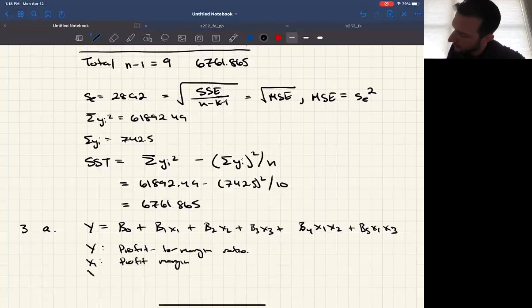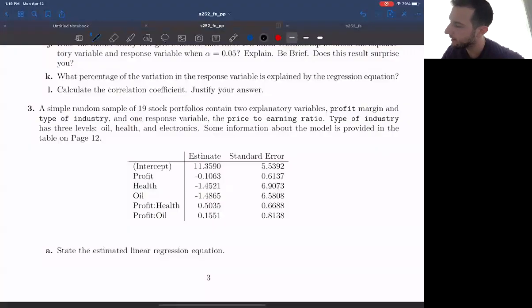Okay. X2 is a categorical variable. So it's representing the type of industry. So this has 3 levels: oil, health, electronics. So you can see that here we have health and here we have oil. What that means is the categorical variables both have reference levels of electronics.